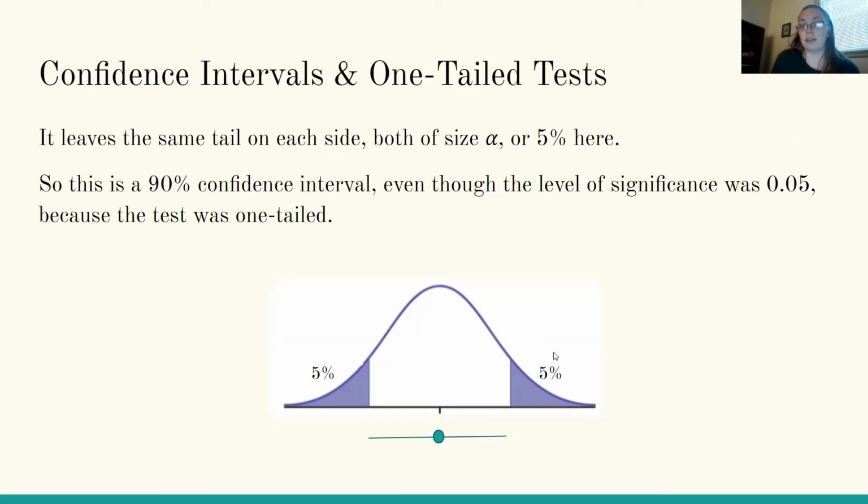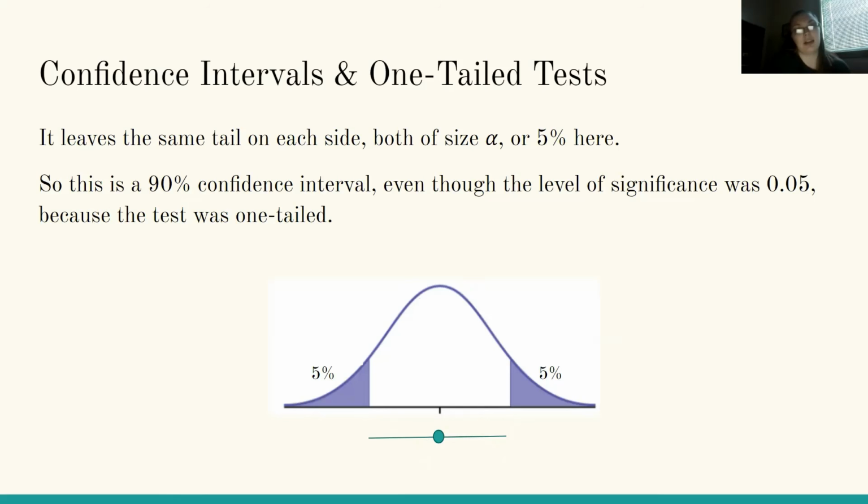So we have 5% on the right, which was actually what we were thinking about for the p-value, but we also have it on the left. Right? That tells us that this confidence interval containing everything else in the distribution, except for those tails, is encompassing 90% of the data. So this kind of shifted over interval is from a 90% confidence interval, right? Even though the level of significance was 0.05, just because the test was one-tailed.